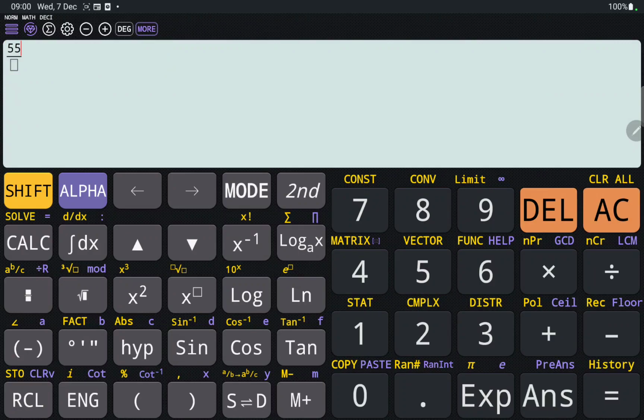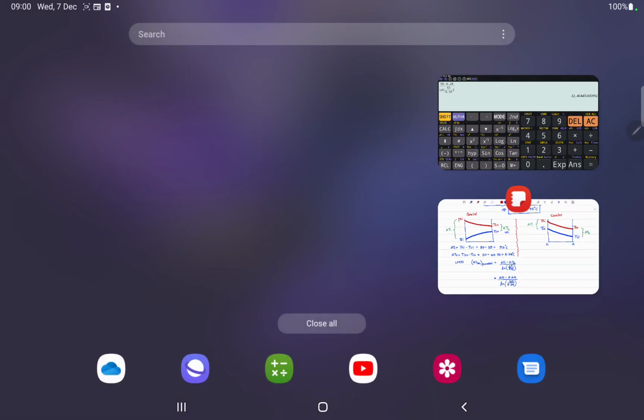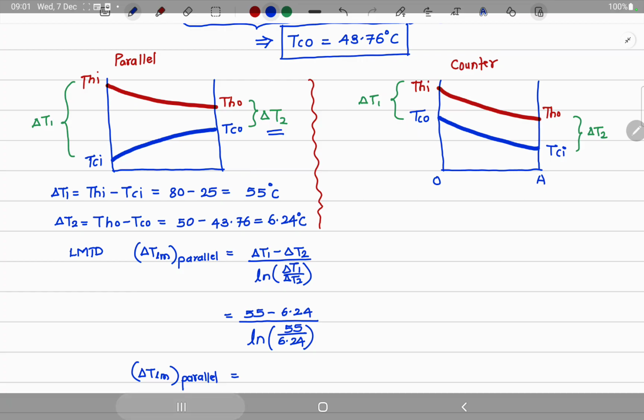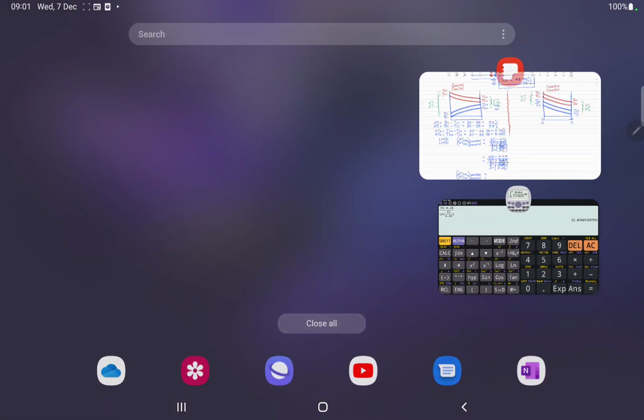So 55 minus 6.24 divided by ln of delta T1, that is 55, and 6.24, that is delta T2, bracket complete, 22.40. This is your delta T LM in case of parallel flow. I will just confirm it. So it is 22.40.